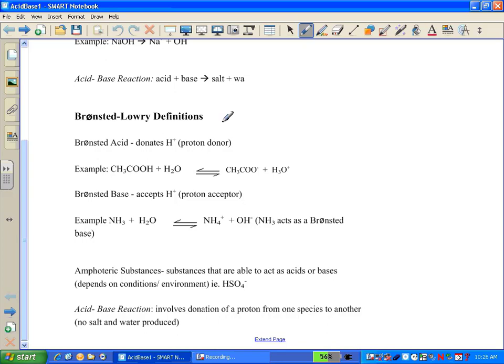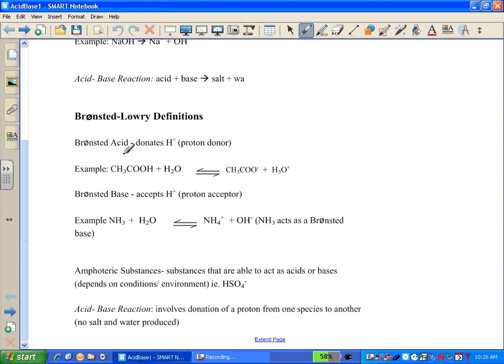So you'll see from the Bronsted-Lowry definition that we see H+ in our reactions rather than H3O+. The other flaw that is corrected is that there were some substances that had the properties of bases that didn't reflect the definition very well. So we'll look at an example in a moment.